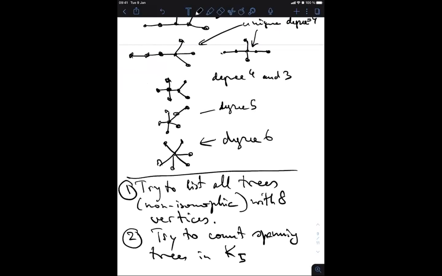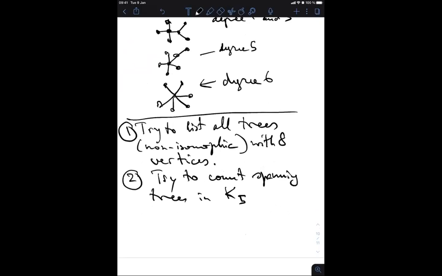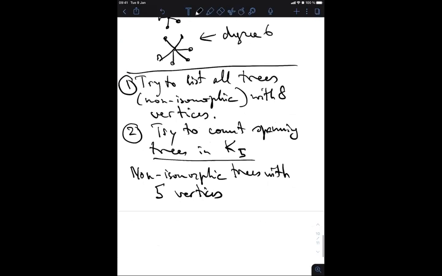For this, you need to know how many non-isomorphic trees there are on 5 vertices. And there are not too many. This is what will be coming in when you work with K5, if you have time.